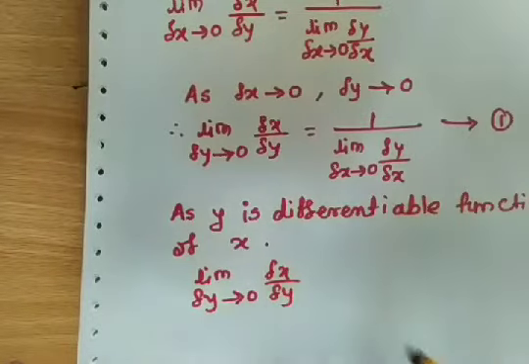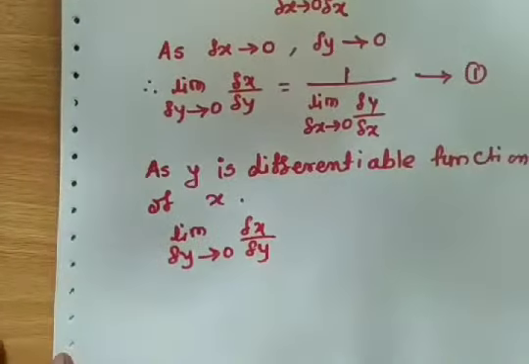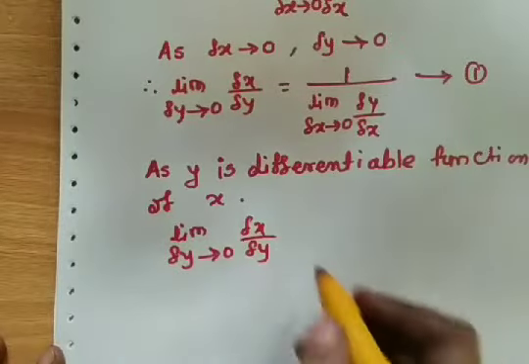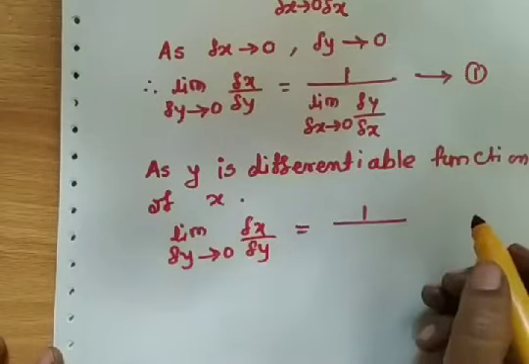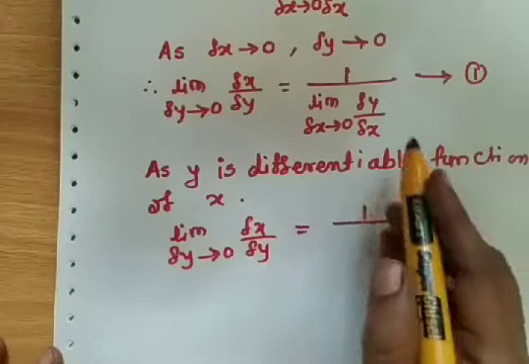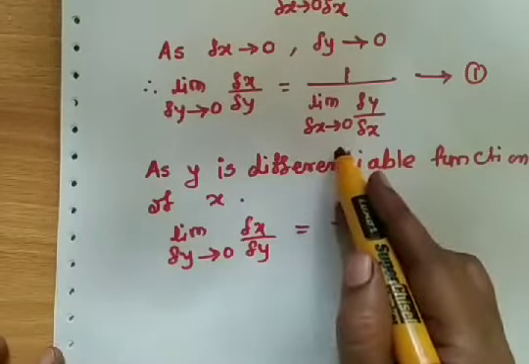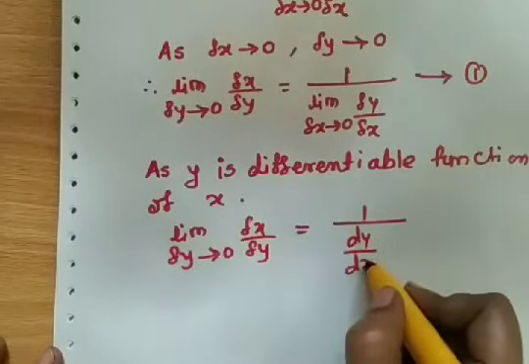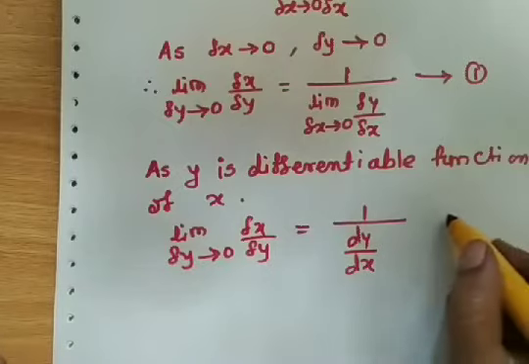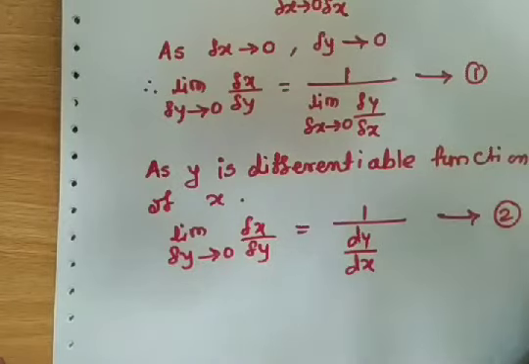This is the left side of the theorem. In the right side, we change this 1 upon delta y by delta x, as limit delta x tends to 0, it can be written as dy by dx. This becomes equation number 2.